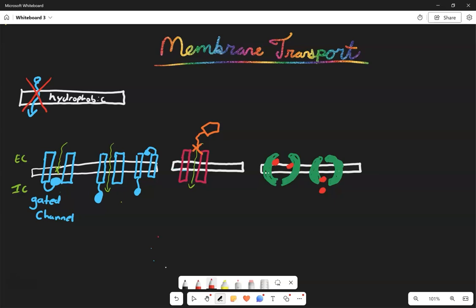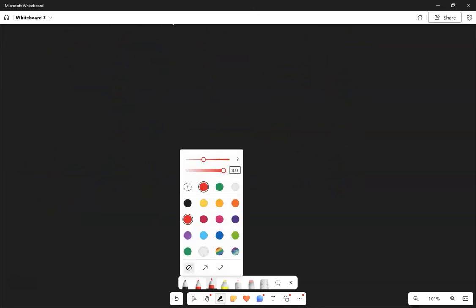So you have your single gated channels, your double gated channels, your open channels, and then your carrier proteins. These proteins can move things in a variety of different ways, and we tend to talk about their movement as being either uniport, which moves one thing in one direction.